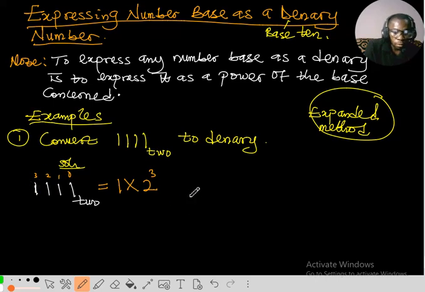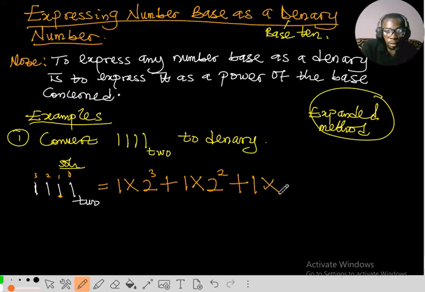You are through with the first number, plus pick the second number, which is still 1. 1 times the base 2 raised to power 2, plus pick the next number, 1 again, times the base 2 raised to power 1, then plus the last number, which is still 1, times 2 raised to power 0, the power of the last number.